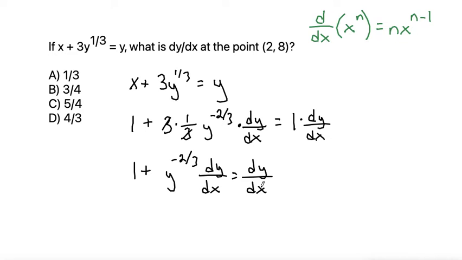Okay, our next step is we want to isolate all of our terms with dy/dx on one side. So I'm going to subtract this term to the other side: minus y to the negative 2/3 dy/dx on both sides.